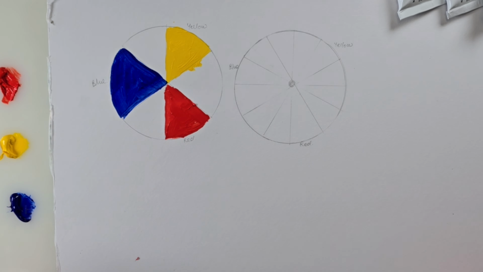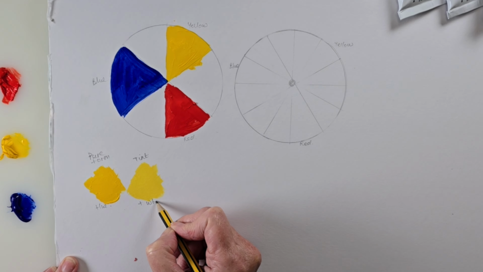So a little bit of yellow with white added is known as a tint. So that's the pure form and that's a hue. And then this is our tint because we added white.